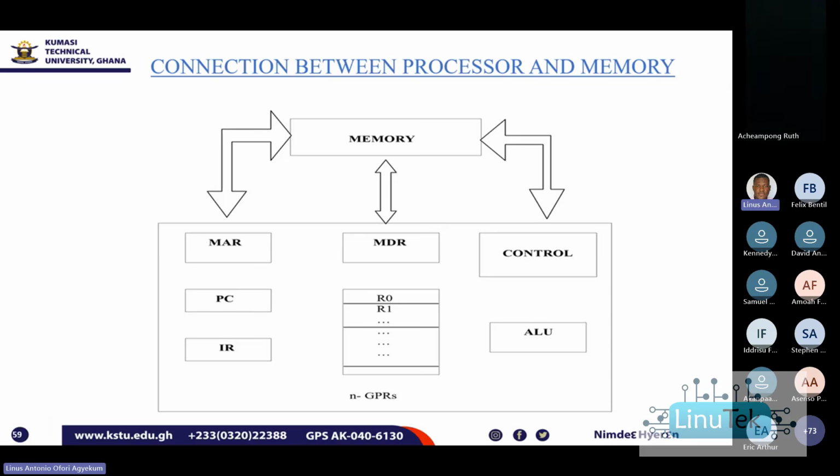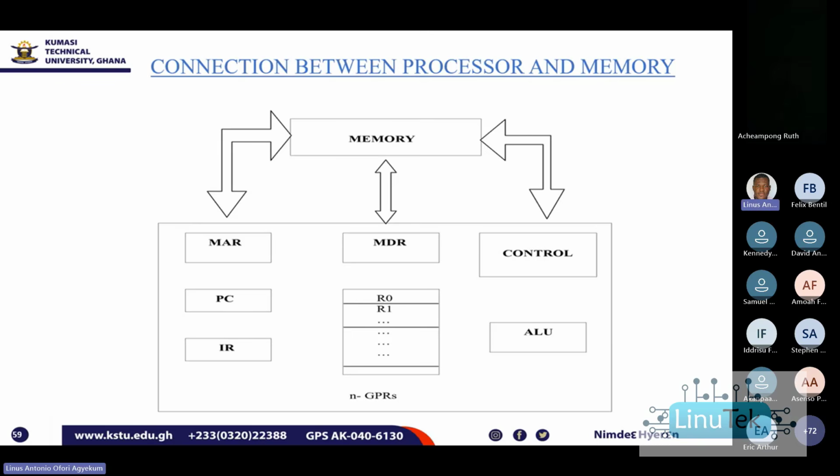We have the IR, which stands for the instruction register. We have the PC, which is known as the program counter. Then we have the MAR, which is known as the memory address register.